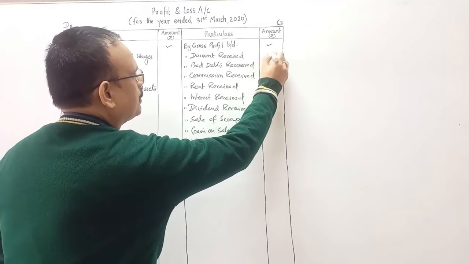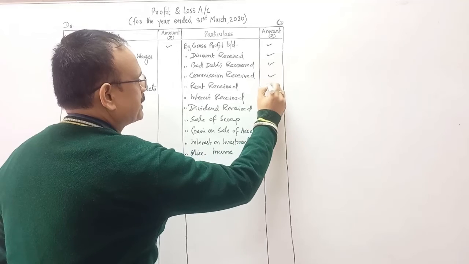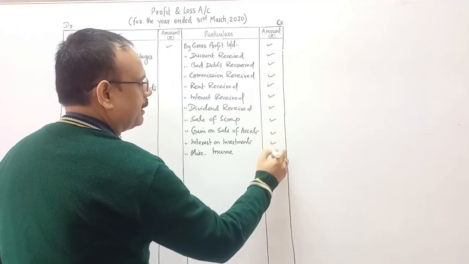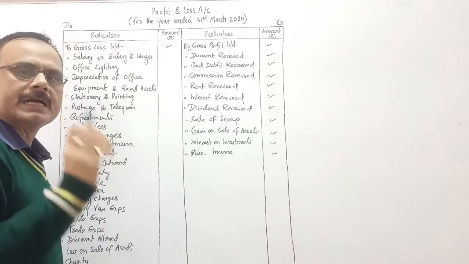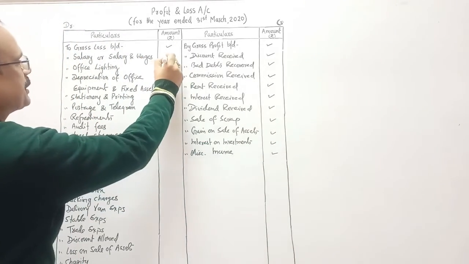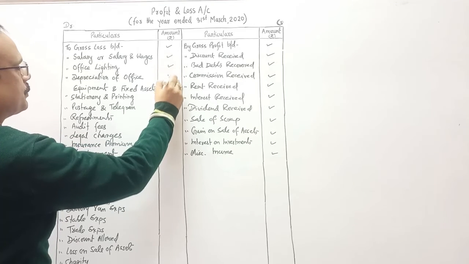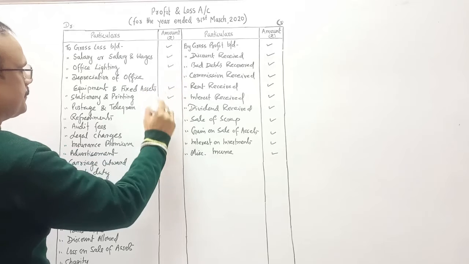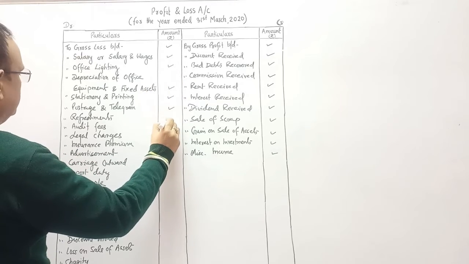So we'll write all the indirect incomes and gains on the credit side, and indirect expenses and losses will be on the debit side. So you write it over here.